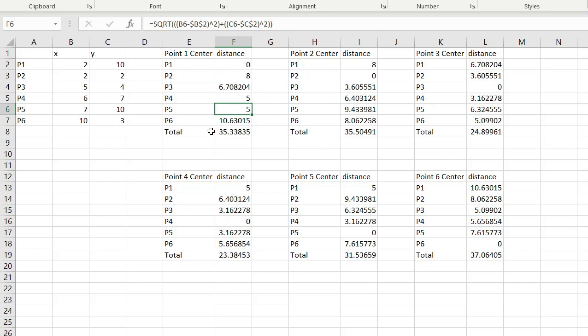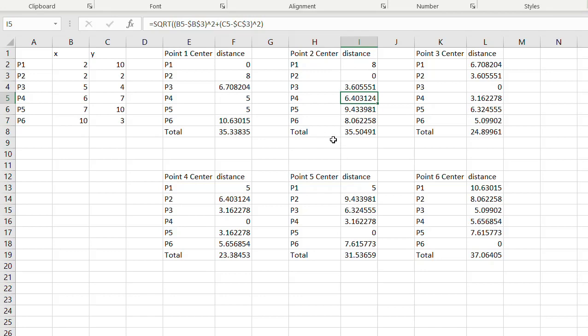And then we sum the distances here in total. So this right here is the summation of all of these distances, so the distance from point 1 to every other point in the data set. This block here is doing the exact same thing, but in this case, instead of having point 1 be the center, we're considering point 2 to be the center. So this is going to be the distance from point 1 to point 2, this is going to be the distance from point 4 to point 2, and so on.